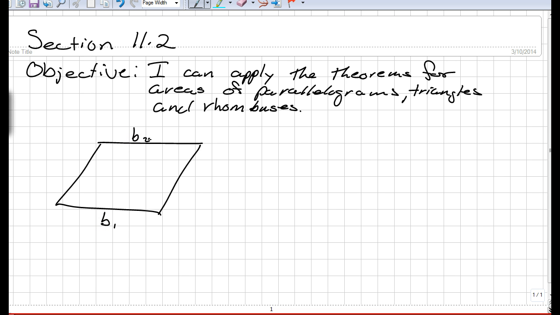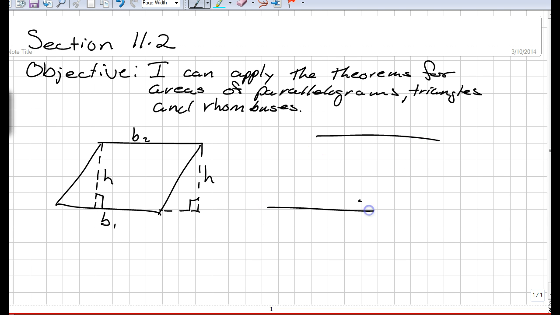And the height is the altitude from any base to the opposite side. So for instance, this is an altitude, which we also call the height, or I could extend this line, and so this could be the altitude or height of the parallelogram, okay?